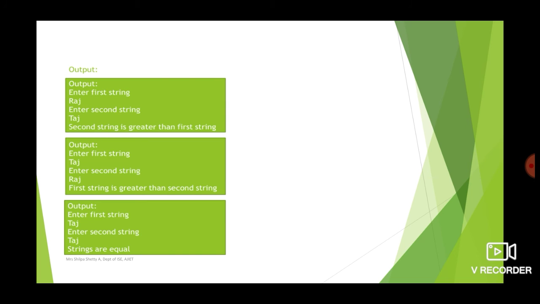Similarly, in the second case, t comes first and r comes later. The ASCII value of t is greater, so we print first string is greater. Whereas in the third case, both are equal, so r and r, t and t get compared, i gets incremented, a and a get compared, they are the same, so i gets incremented, j and j get compared, again they are the same, so i gets incremented. At this point, the second condition becomes false.